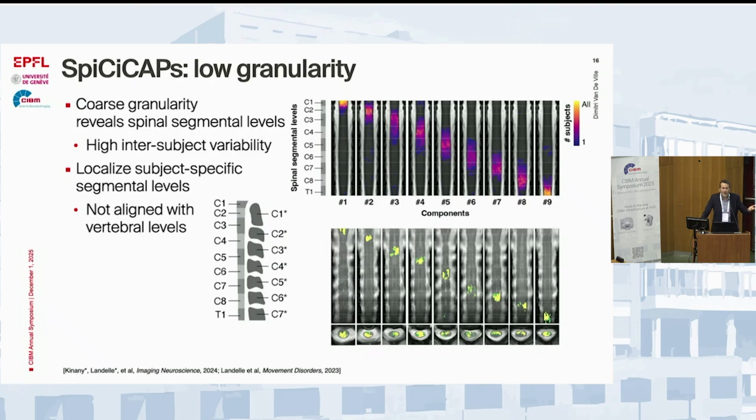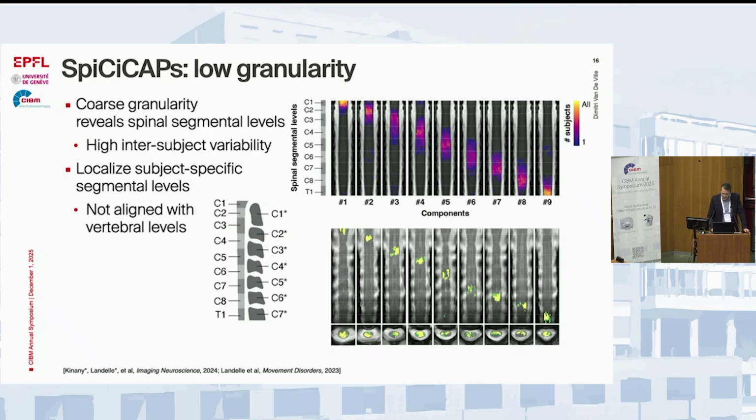and the segmental levels. In an individual, it's very useful if you can, in a reliable way, come up with the segmentation of the segmental levels, because you cannot fully rely on the vertebral levels. And the more you go down in the spinal cord, the worse this gets.